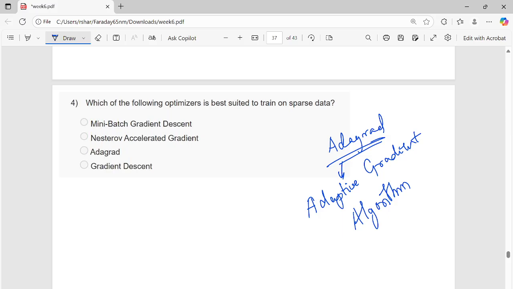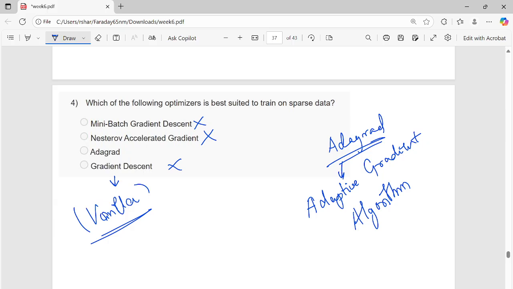And why the others are not: mini-batch gradient descent is a training strategy, not an optimizer. It splits the dataset into small batches, but doesn't adapt to sparsity. Next, accelerated gradient is a momentum-based optimizer that improves convergence speed but doesn't specifically handle sparsity. Next is gradient descent, which is the vanilla, so it's plain, that is called vanilla.